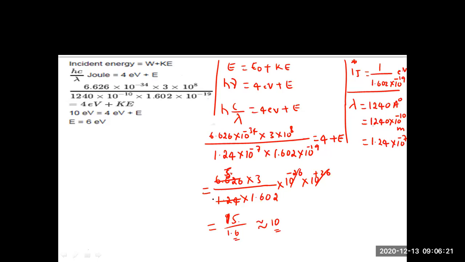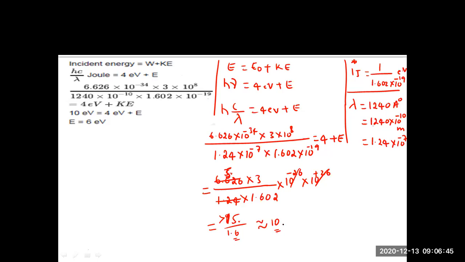Right now, 6.626 divided by 1.24 is 5 point something. 5 into 3 is 15 point, a little more. The numerator is greater than 15, and the denominator is 1.6. So with numerator 15 and denominator slightly greater than 1.5, it is approximately 10.